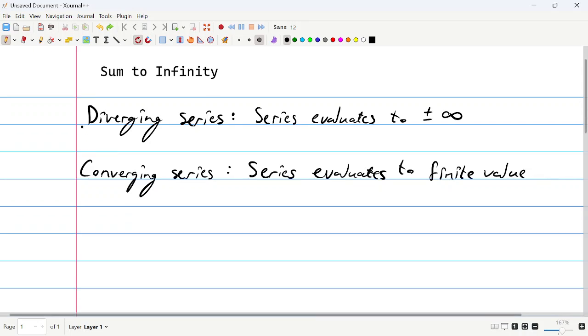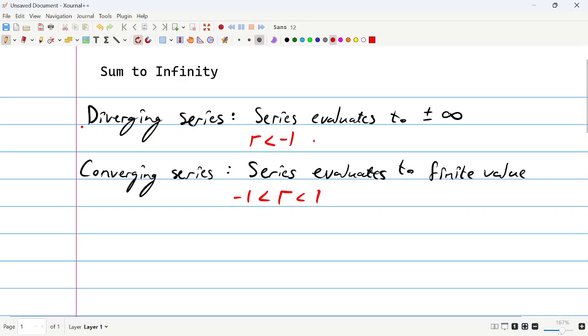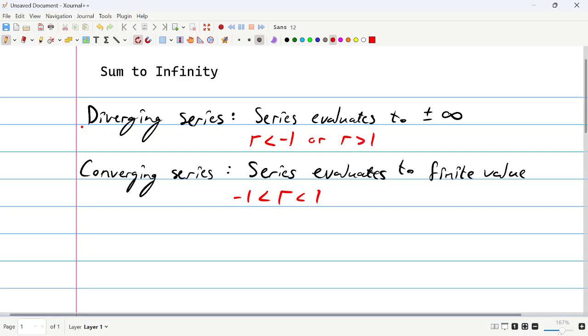So what are the conditions for converging? The condition for converging is when r is between -1 and 1 for the equation that we are going to go over. And a diverging series is essentially when r is less than -1 or when r is greater than 1.